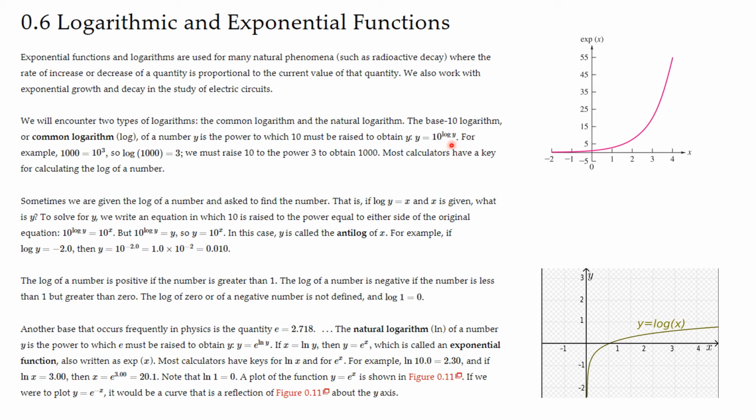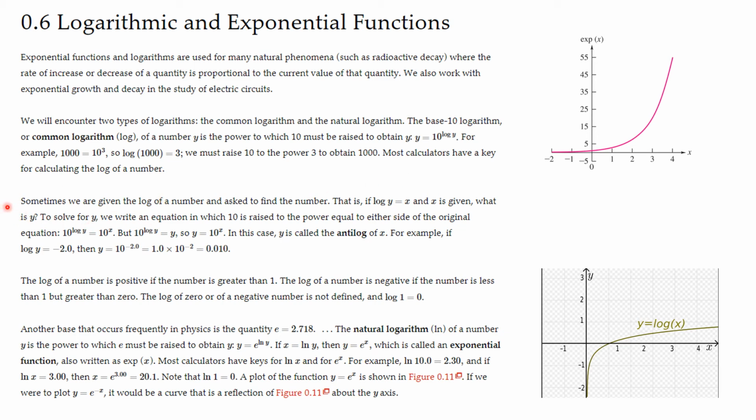Logarithms behave kind of like exponents, and that will help you remember the properties, which we'll talk about in a bit. For example, 10 cubed is 1,000, so the common logarithm base 10 of 1,000 is 3. Most calculators have a key, and I'll show you that.